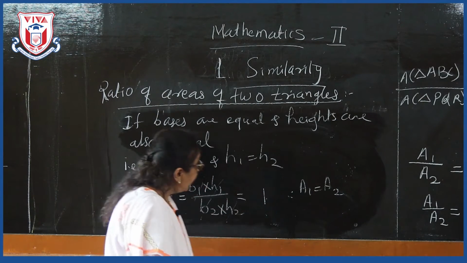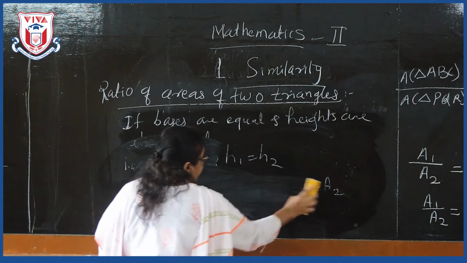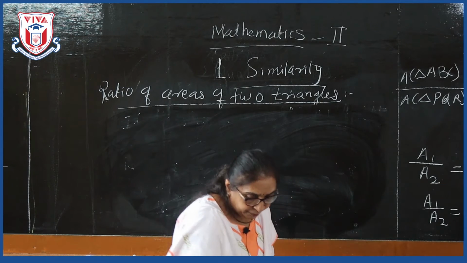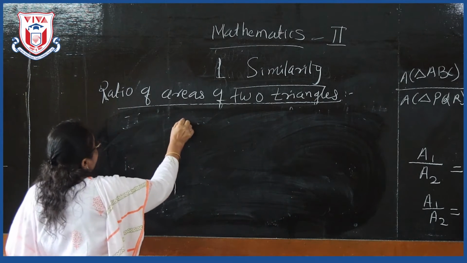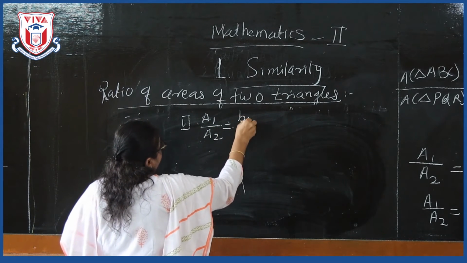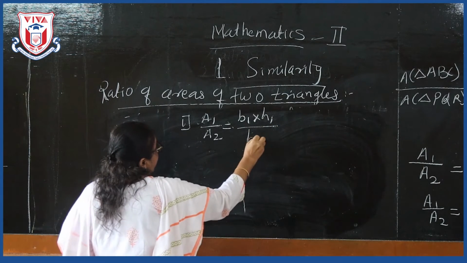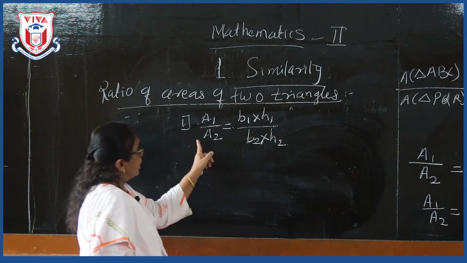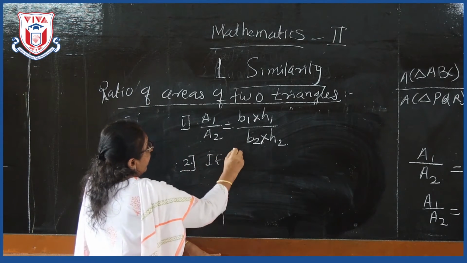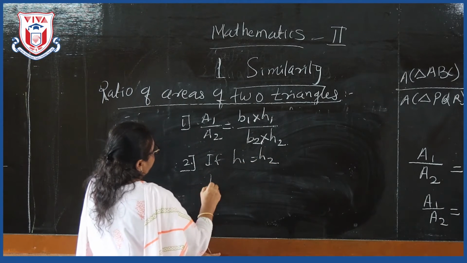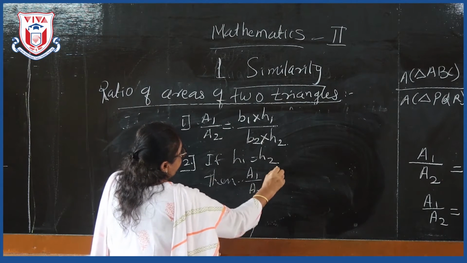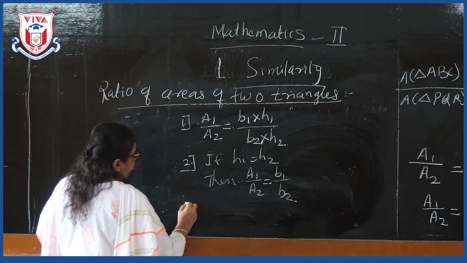So, these four properties which we have studied, I will just explain you in short. That is, the first property is A1 upon A2 is equal to B1 into H1 upon B2 into H2. Secondly, if H1 is equal to H2, then A1 upon A2 is equal to B1 upon B2.